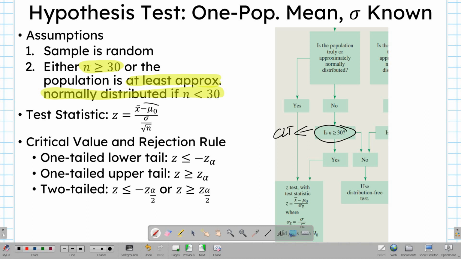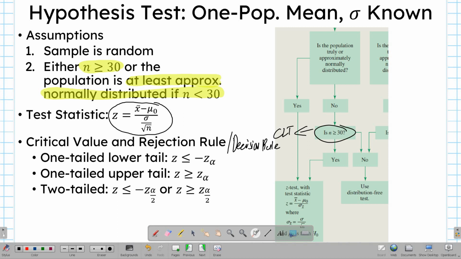The formula for the test statistic is very much similar to the formula for the z-score that we get from the sampling distribution. That's x bar minus the hypothesized value of the mean, over sigma over square root of n. Very similar. Now, for the critical value and the rejection rule, sometimes the rejection rule is also known as the decision rule.